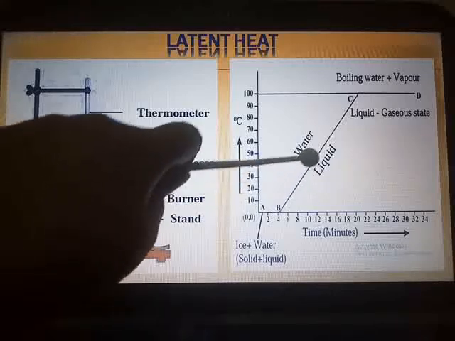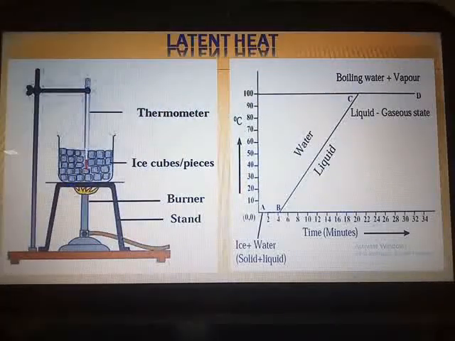You can see here it has reached 100 degrees Celsius, and at this temperature water will start converting into steam. The temperature of the water remains constant at 100 degrees Celsius till all the water converts into steam.